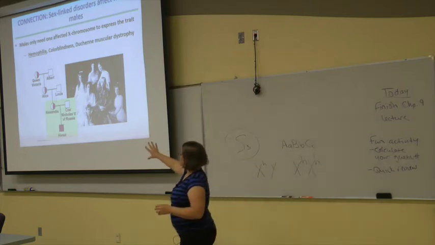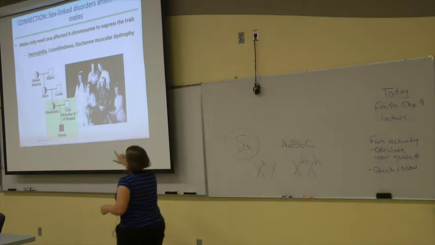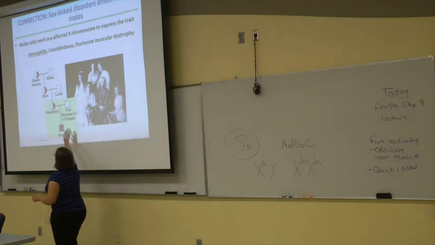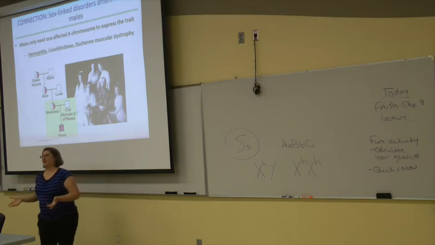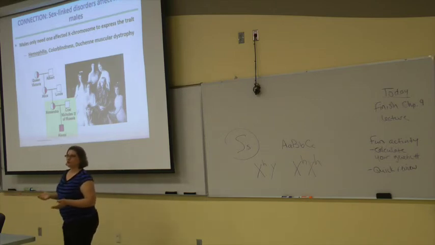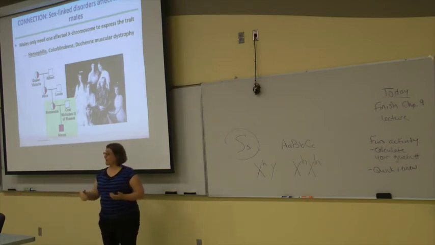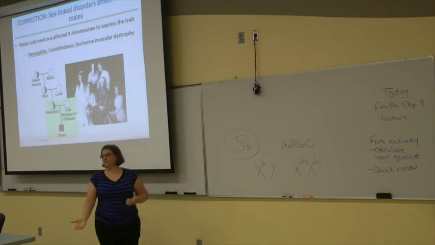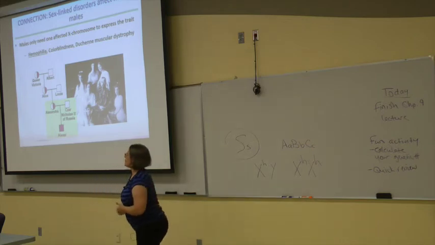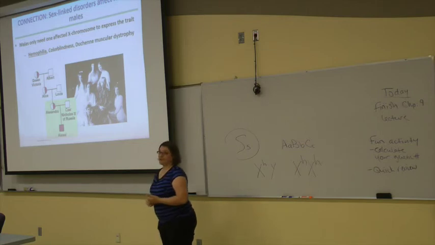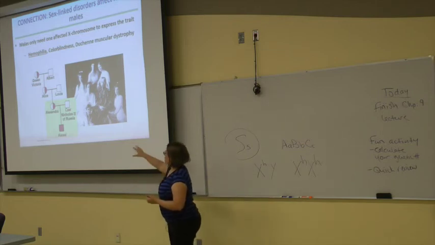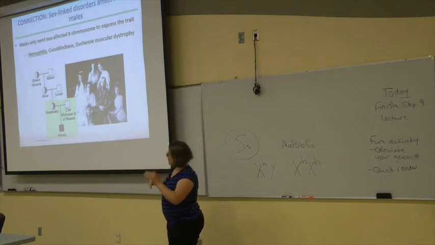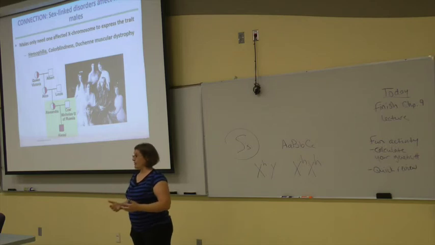Now, let's look at this pedigree. This sequence of circles and squares that are all connected is like a family tree. Pedigrees are used to trace the inheritance of a trait across generations. This is especially useful when you have genetic conditions that you want to track in your family. A half-filled circle or square means somebody is a carrier of the trait.